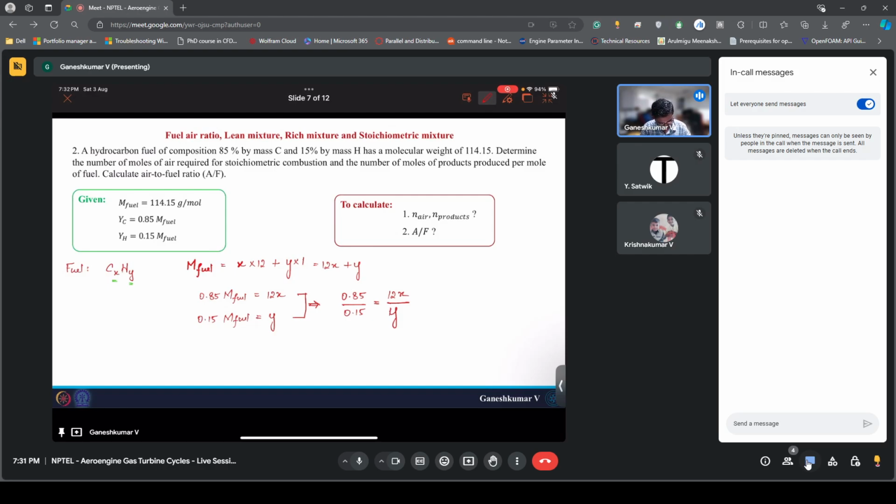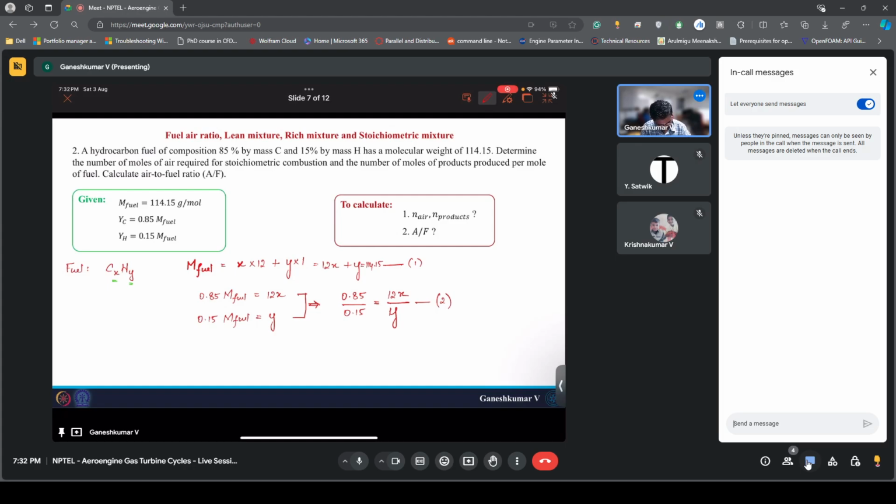So now you have one equation over here and another equation over here. 12x by y equals 0.85 by 0.15, and you have 12x plus y equal to the molecular weight of the fuel, which is nothing but 114.15. Okay, so with these two equations you have two unknowns, x and y.